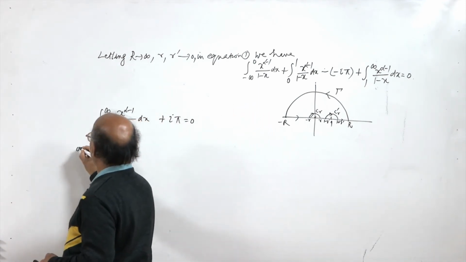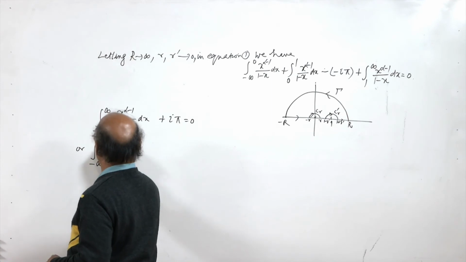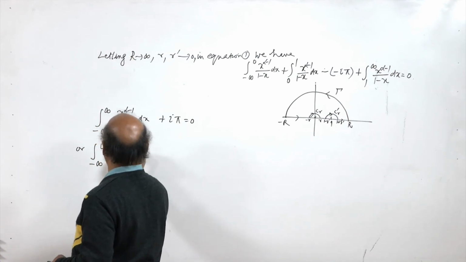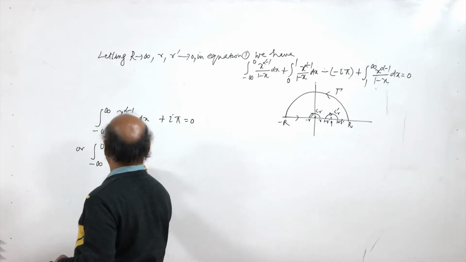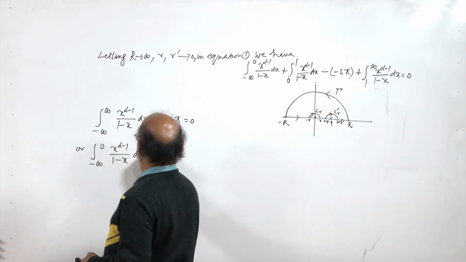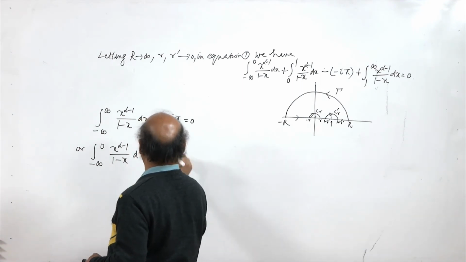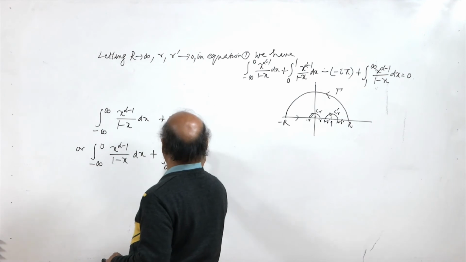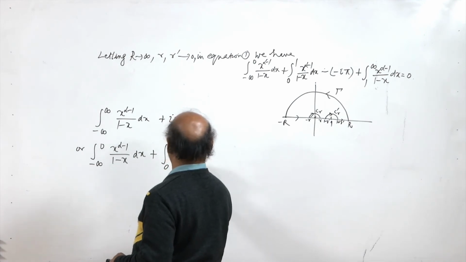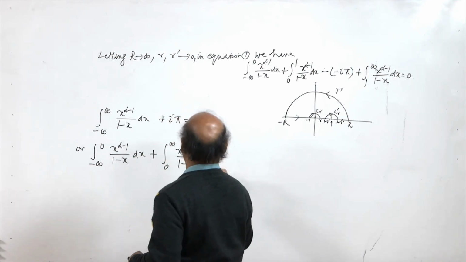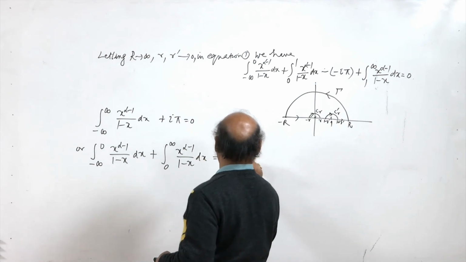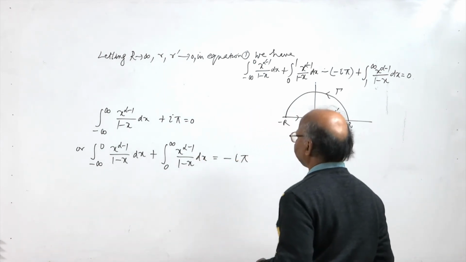We can say integral over minus infinity to 0 of x to the power alpha minus 1 upon 1 minus x dx plus integral over 0 to infinity of x to the power alpha minus 1 upon 1 minus x dx equal to minus I pi.